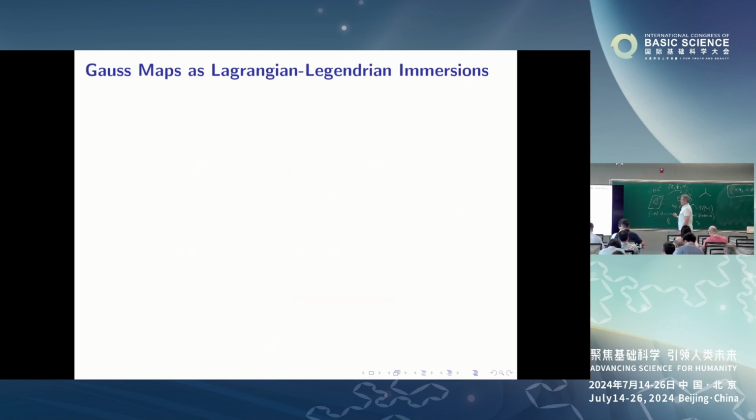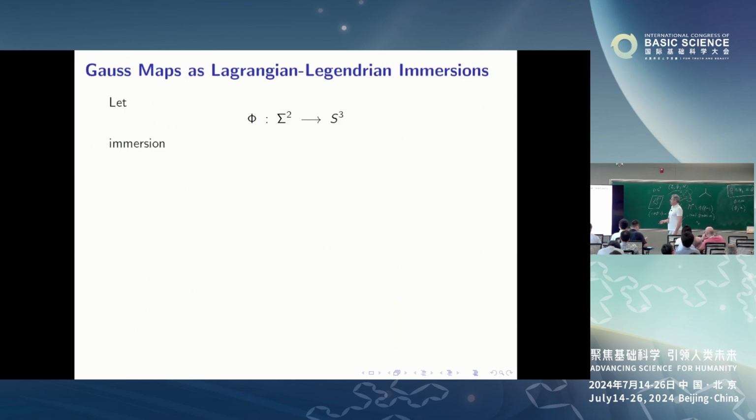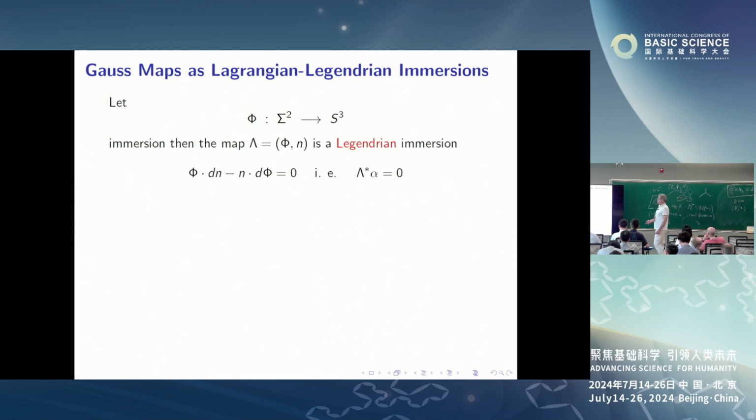Okay, so now if you look at the Gauss maps, we have both phi wedge n and the pair phi n. They are respectively Legendrian.